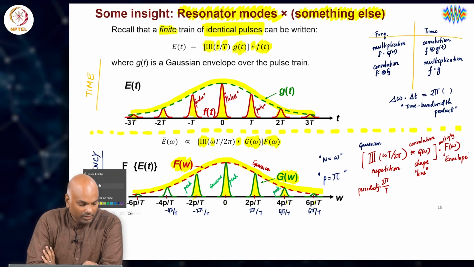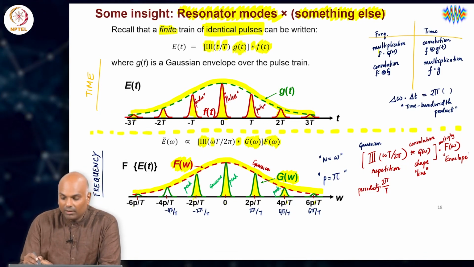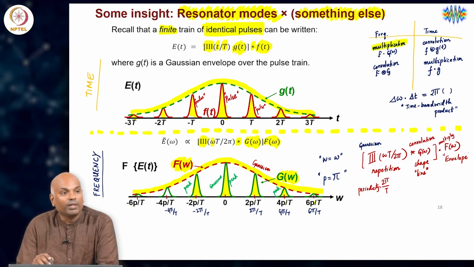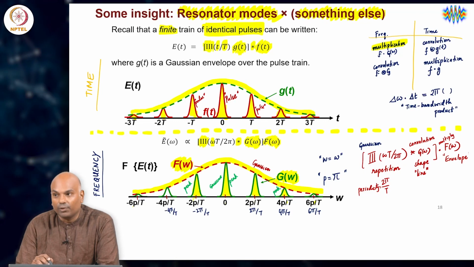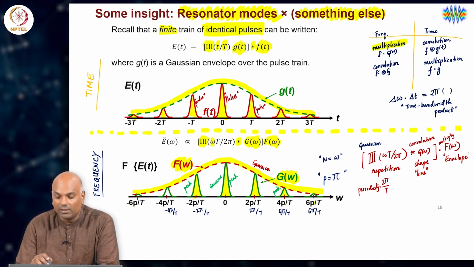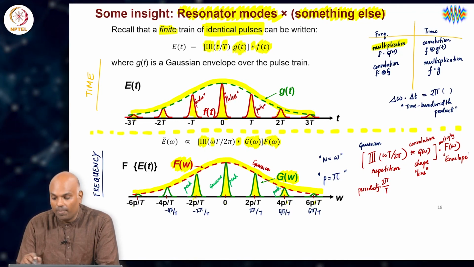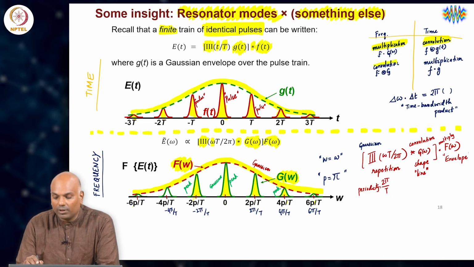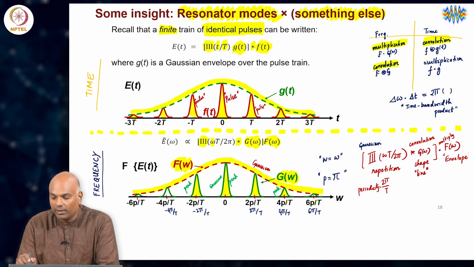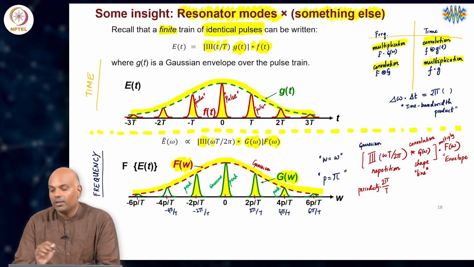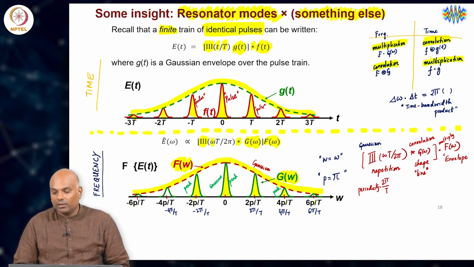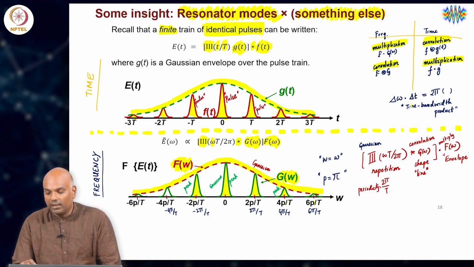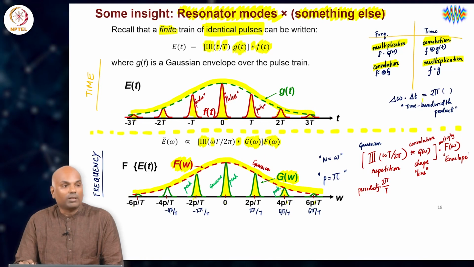That is, a multiplication in one domain between 2 conjugate variables, functions related through a Fourier transform, amounts to convolution in the other. A convolution in the first domain, conversely, implies a multiplication in the companion variable's domain, and that there is such a thing as the time bandwidth product.